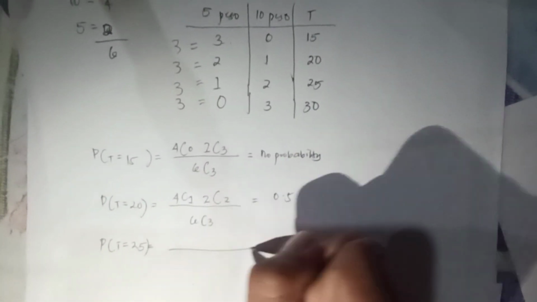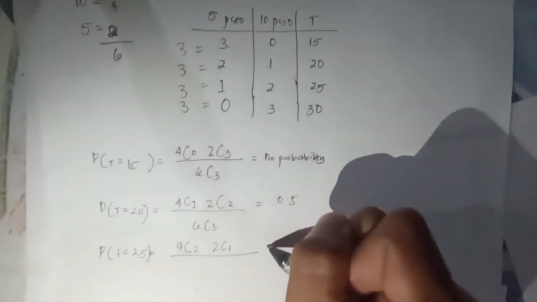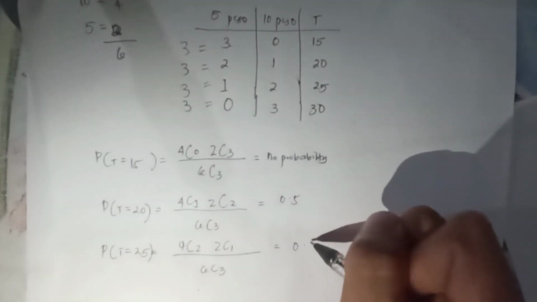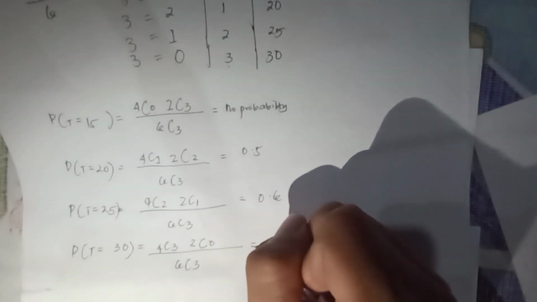And then if your T equals 25, so 4 choose 2, 2 choose 1, over 6 choose 3 is equivalent to 0.6. And then if you get the value of your T equals 30, 4 choose 3, then 2 choose 0, and then substitute the value of your 6 choose 3, so the value of this is 0.5.